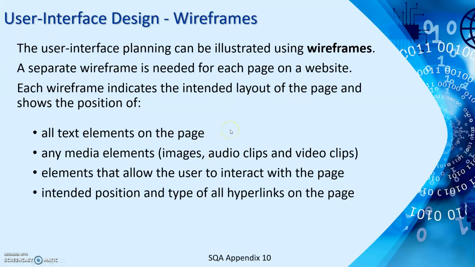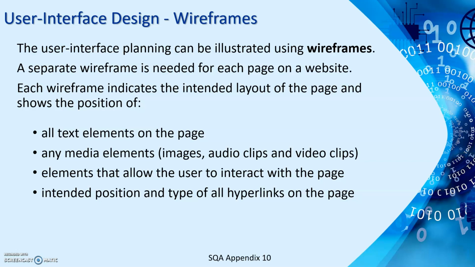Okay, so moving on to wireframes. Now this is called the user interface design. And the user interface, the planning for that, we illustrate that using something called a wireframe. You did this back at the end in 3rd year. In fact, I think you did it when we got back to Woodmill.